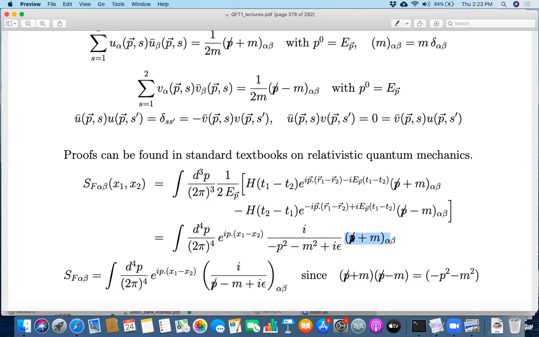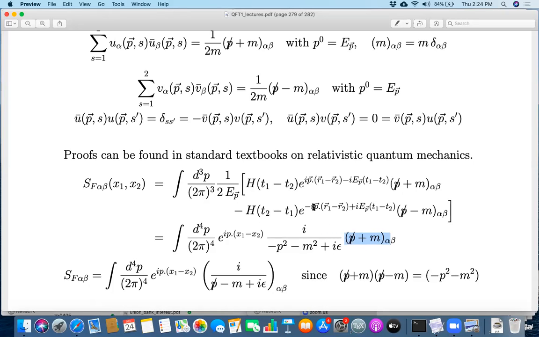And then what you do is that you also change variables. See here it's i p dot (x1 minus x2), here you have a minus i p dot (x1 minus x2). So you also change variables from p vector to minus p vector. So that basically makes this into minus p slash, where now p0 is equal to E_p. I'm saying this in words, but you should just work it out yourself.